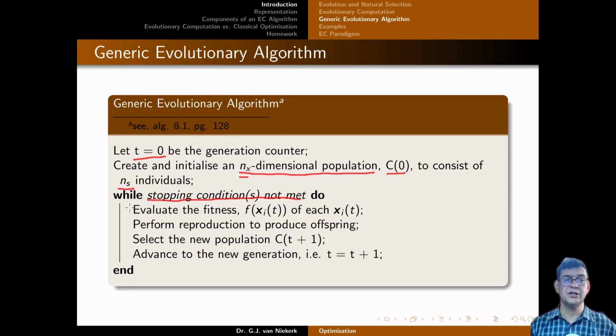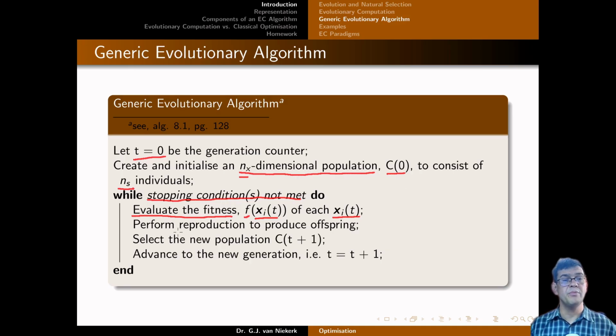So inside the loop, first of all you have to evaluate the fitness. So that's this function f, the fitness function. So take the individual x_i(t), with i being from 0 to n_s minus 1, your population size. So you evaluate the fitness of each of your individuals. So now for each individual, you also know how fit they are.